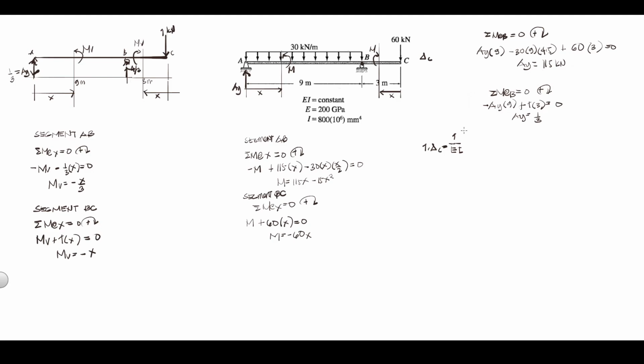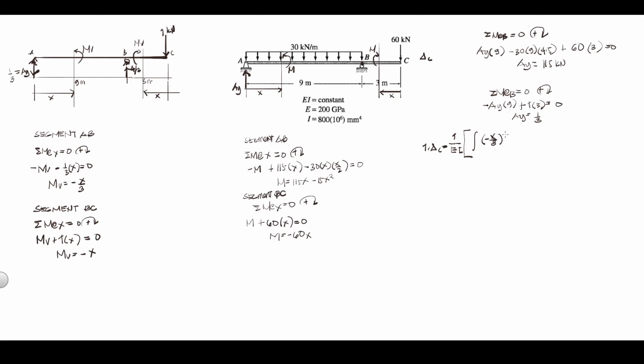Pwede na siya ilagay sa labas, ano? Ng integration for the whole segment. Okay, so integration of MV, unahin natin segment AB muna. For segment AB, what is MV? MV ng segment AB is negative X all over 3.